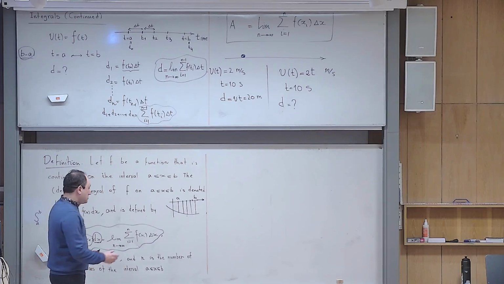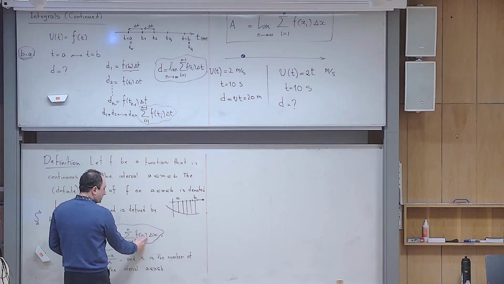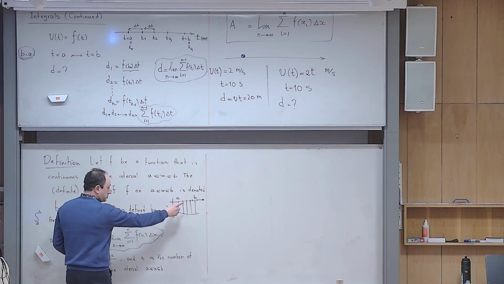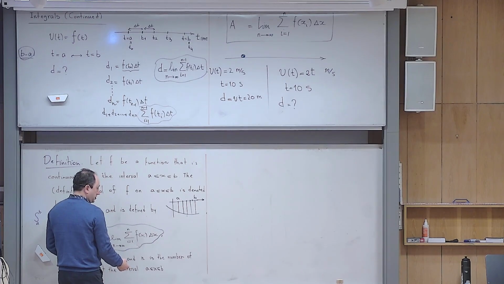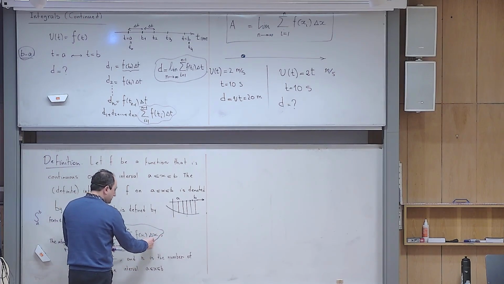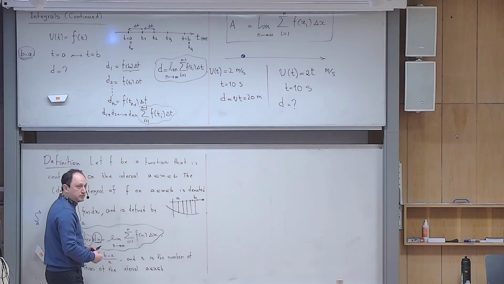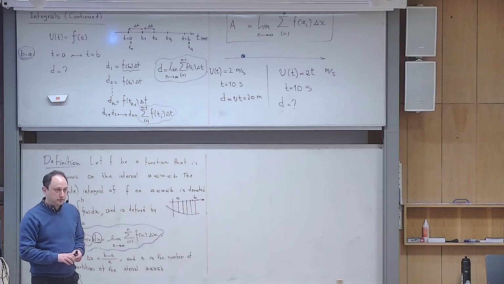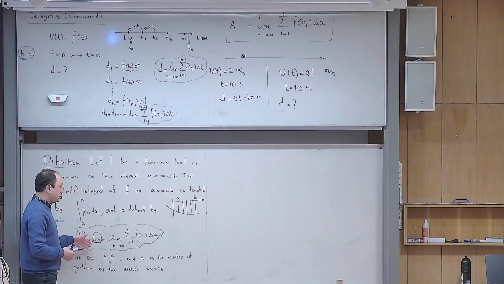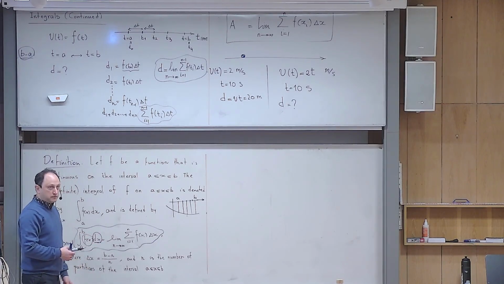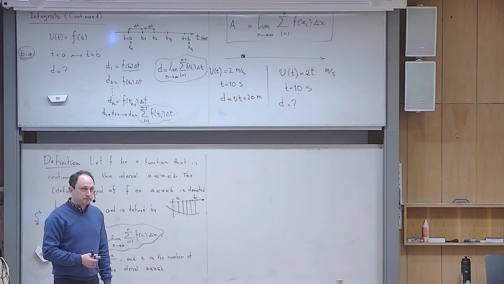Is that clear? So if the value of the function is always negative, and delta x is always positive, when I multiply them, it becomes a negative number, and I am adding a bunch of negative numbers up, so I will get a negative number. Is that clear? So the integral is not always positive. It might be negative. Is that clear or not?